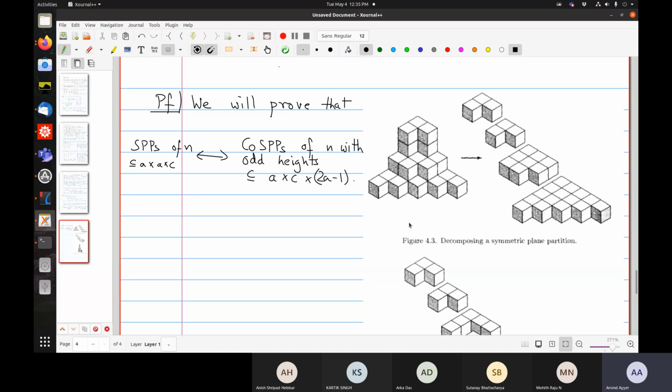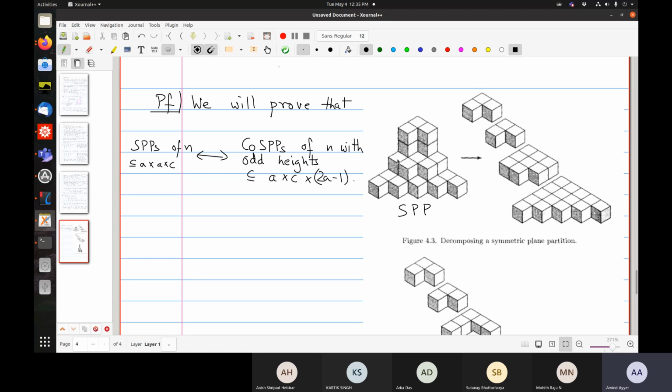figure. So here is a symmetric plane partition. So this is an SPP. n is fixed, so for each n, and this will respect the total size. So the figure illustrates what is going on.